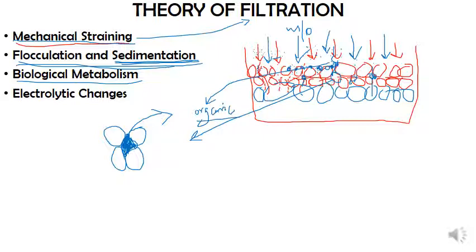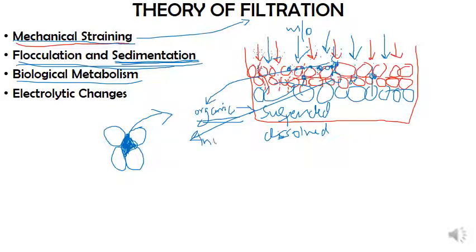I hope in our regular classroom, during the properties or chemical characteristics of water, we have gone through this. Ultimately we have 4 types of pollutants. One is organic, which may be in the suspended form or in the dissolved form.